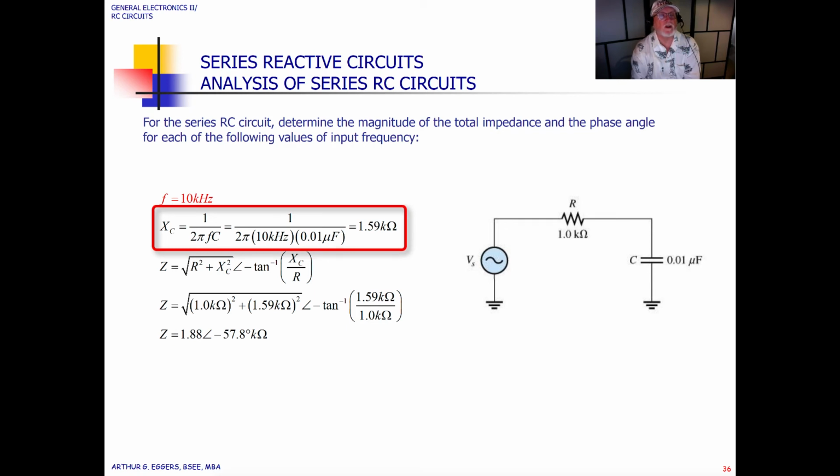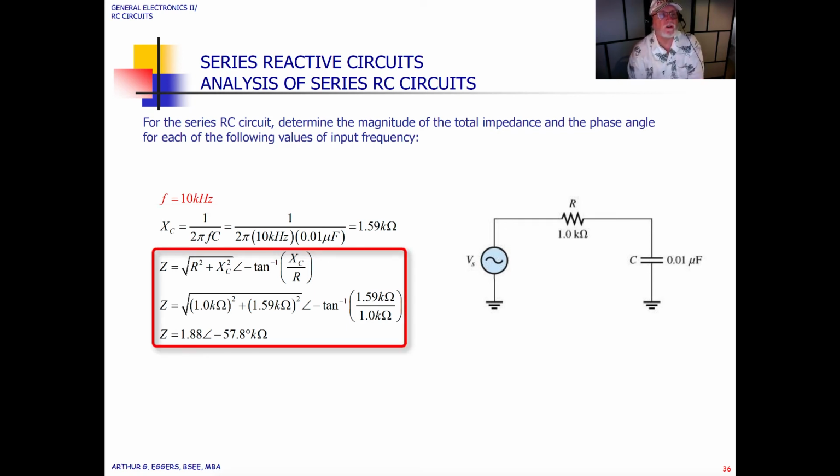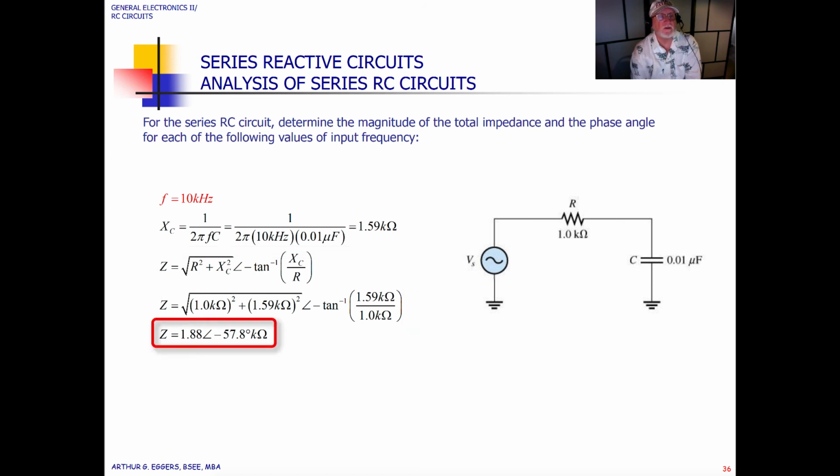Now we convert the values from rectangular to polar. We take the 1 k ohm resistor, square it, take the 1.59 k ohm capacitive reactance, square it, add them together, and we come up with a magnitude of 1.88 k ohms. If we take the negative inverse tangent of 1.59 by 1 k ohms, we get an angle of minus 57.8 degrees. So that's at 10K.